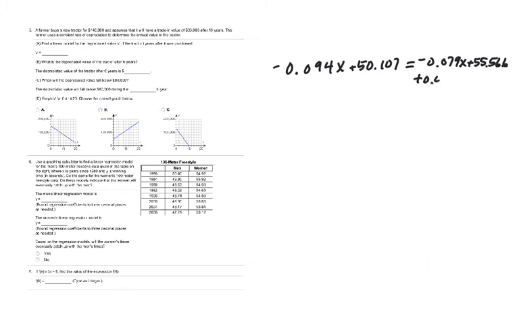I'm going to add 0.079x and also add 0.079x here.